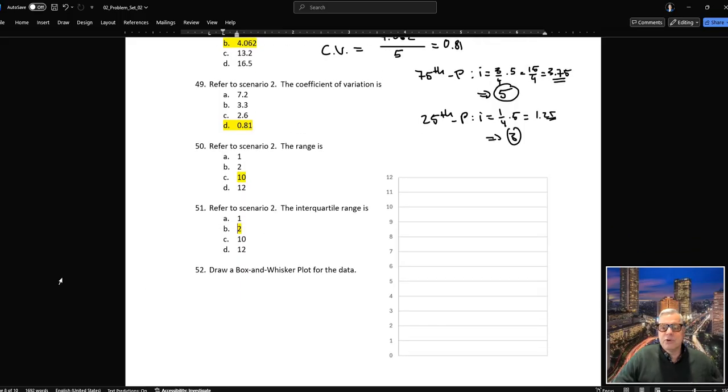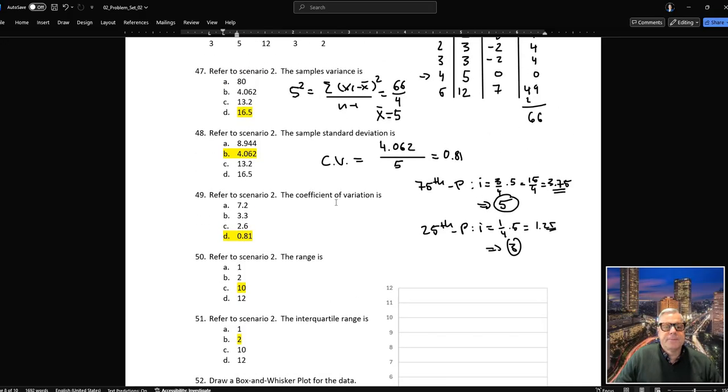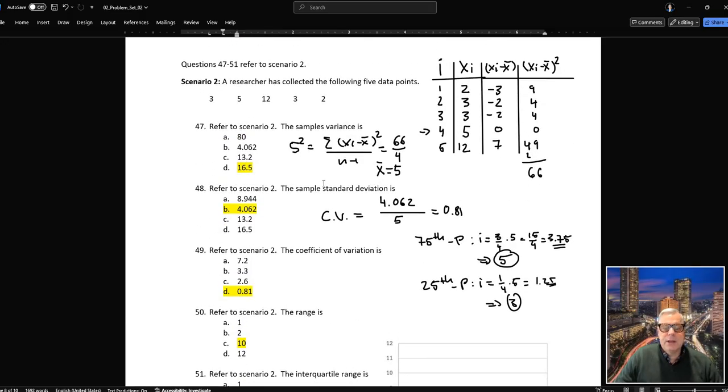Okay, so now if we want to, we can still draw again the box and whisker plot. So the 75th percentile is a 5. The 25th percentile is the 3. Then what did we say is the mean and median?